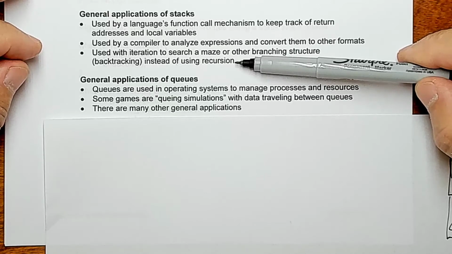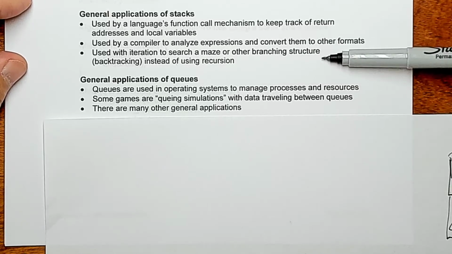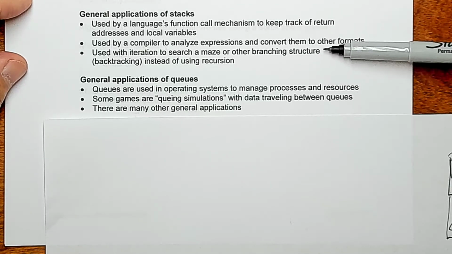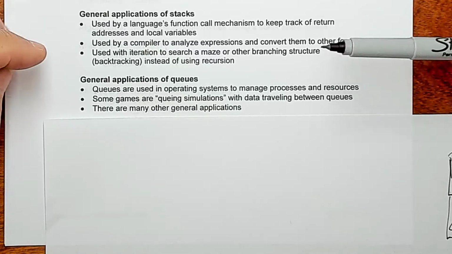You're using the stack that's built into the function calling mechanism. So there's a relationship between recursion and iteration, and you can convert back and forth between the two, and a stack is involved in that.